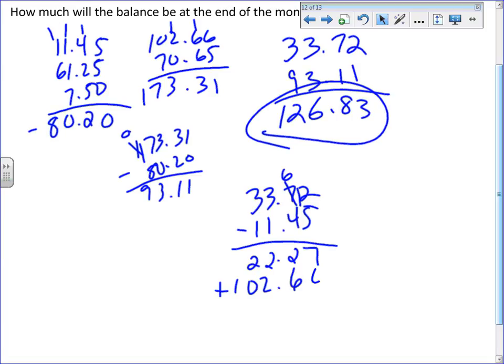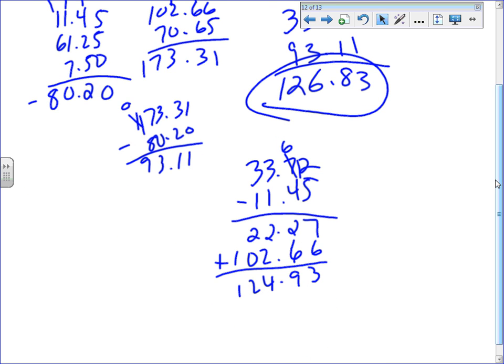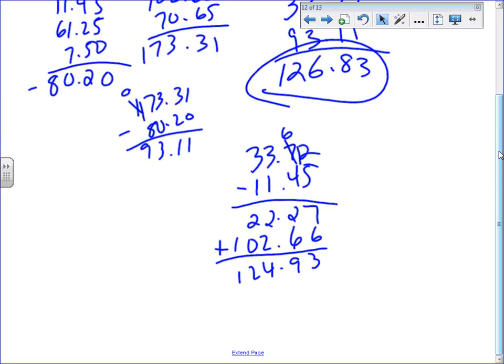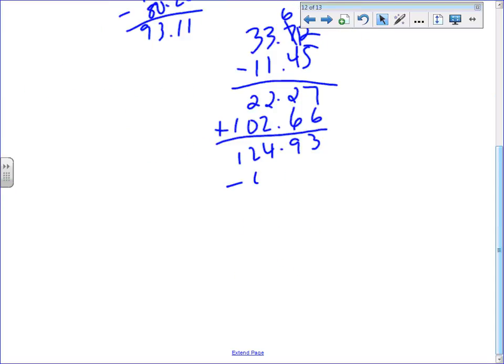102.66. We have 124.93. Then the next number is minus 61.25. So minus 61.25. You got 63.68.